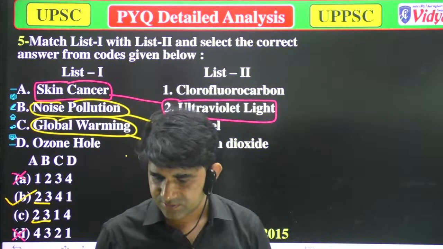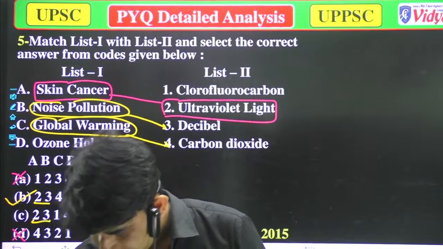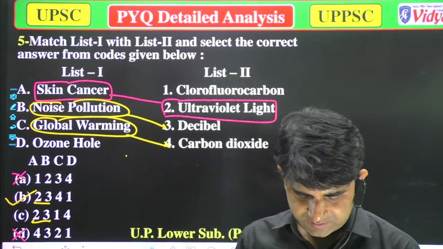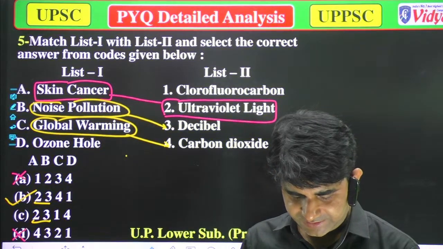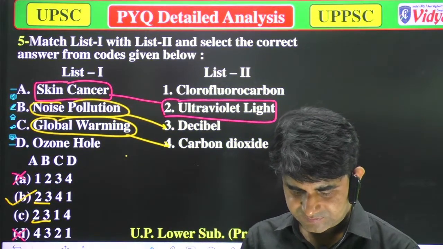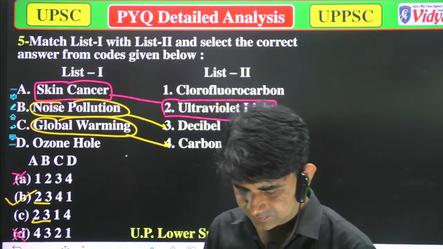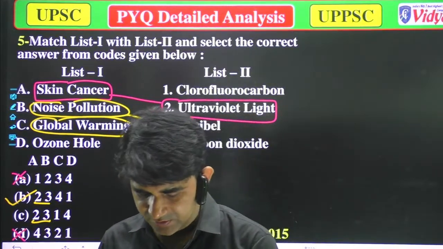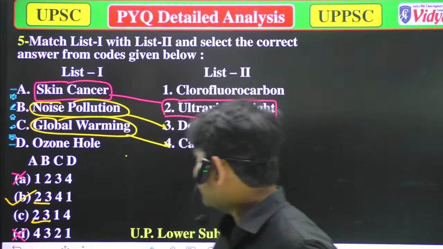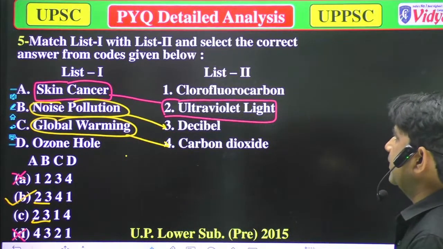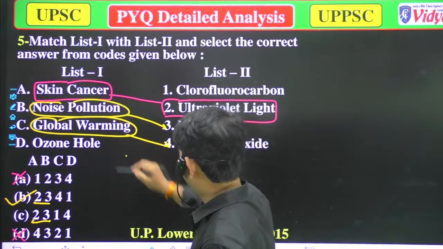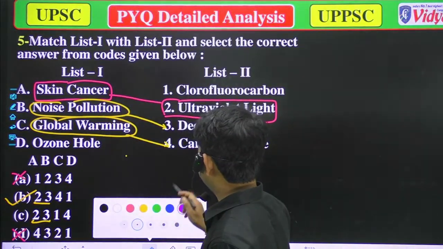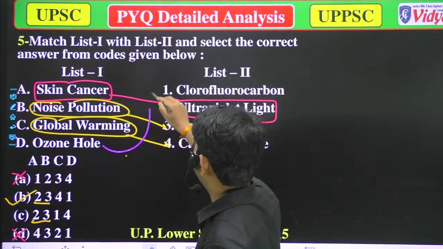What was your answer? Arya, again think about your answers, what the correct option will be. Arya, is there any problem? You are saying option C, but it seems to me that option B is correct. Why? Because chlorofluorocarbon is also responsible for the ozone hole.